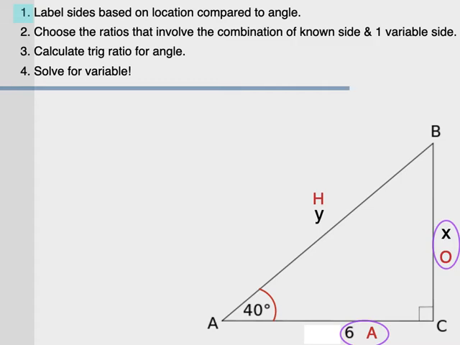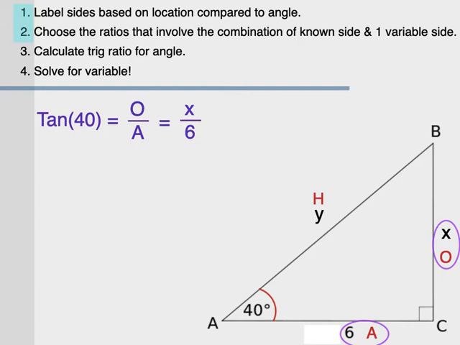So think in terms of SOHCAHTOA. SOH, CAH, or TOA, which one has O and A in it? TOA. TOA stands for tangent equals opposite over adjacent. So if we're using x and 6, we have enough information for the tangent equation. So we say tan of our starting angle 40, and tangent's always opposite over adjacent. In this case, opposite would be x and adjacent would be 6 units long.